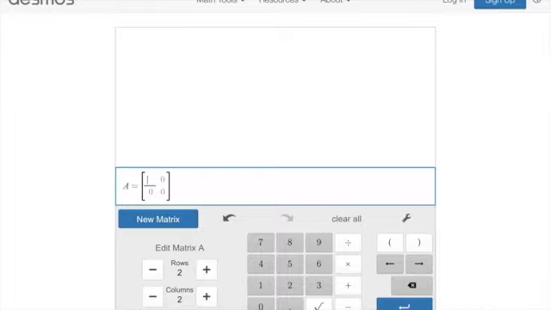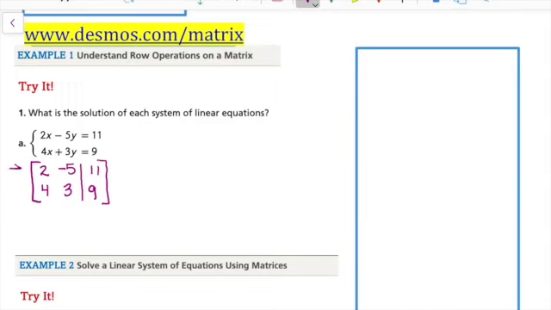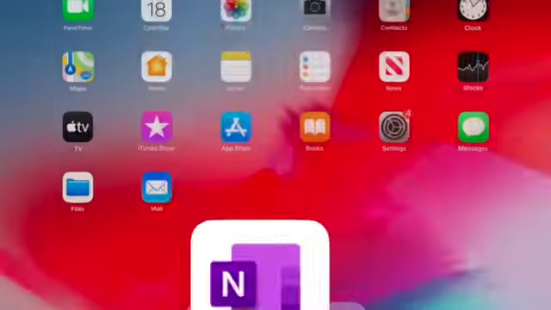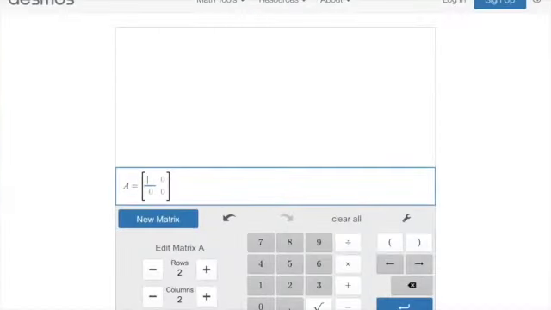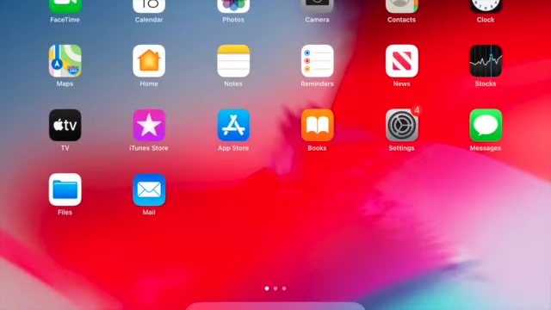And we're going to do a new matrix. We need to edit how many rows by column it is. So if I go back here, I have 2 rows. I have 1, 2, 3 columns. So 2 rows, 3 columns. Hey, now I have the amount that I did in my example.